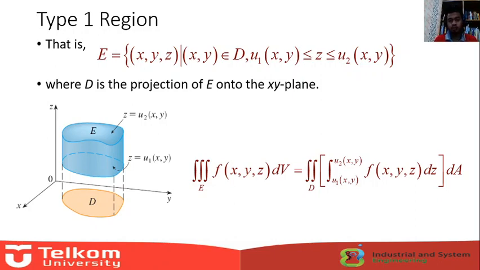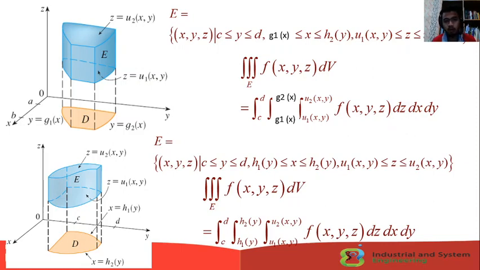Since z is a function of x and y, next we divide it into two conditions.